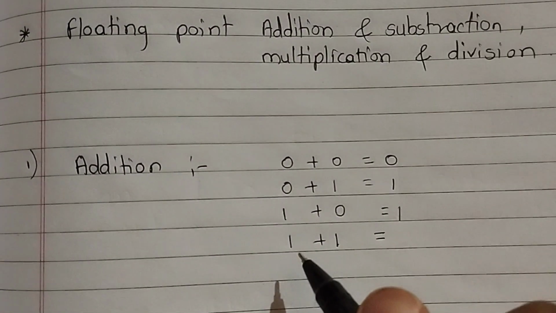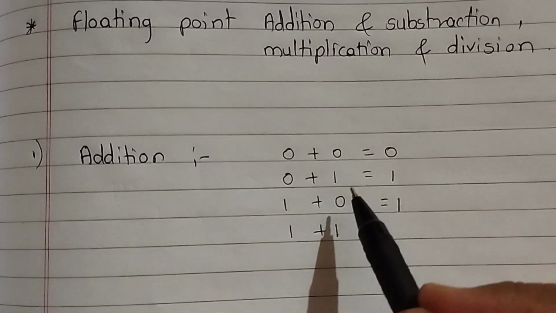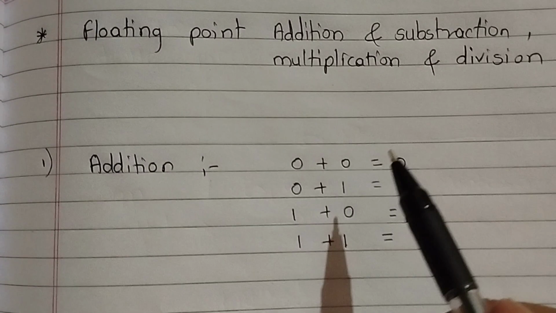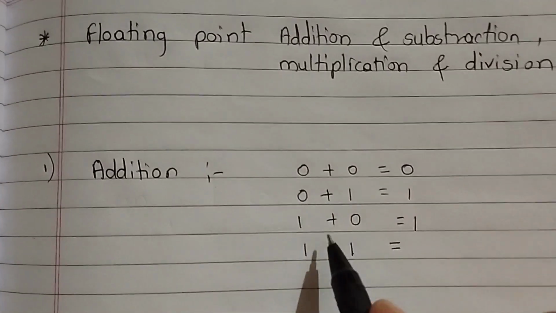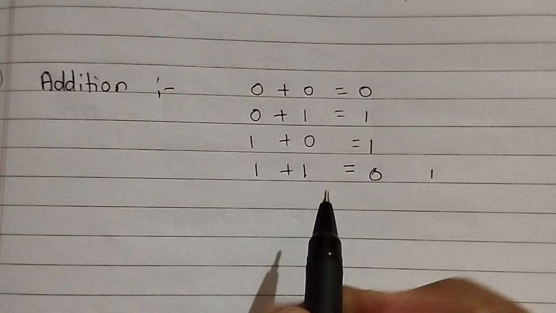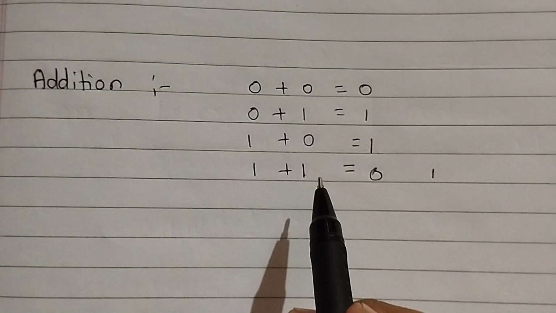Regularly we know that 1 plus 1 is 2, but this is the binary addition. We perform here floating point addition of the binary number. So 1 plus 1 is 0 and we give carry to the next bit of the addition.